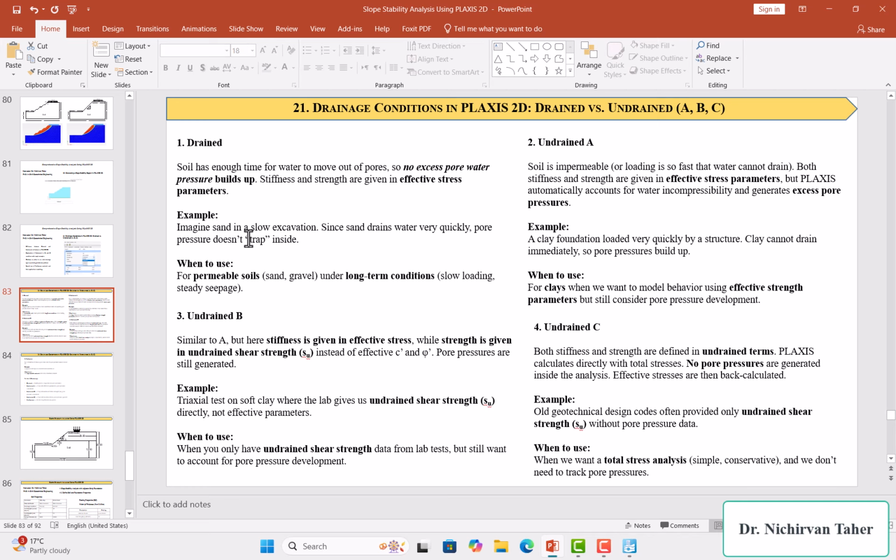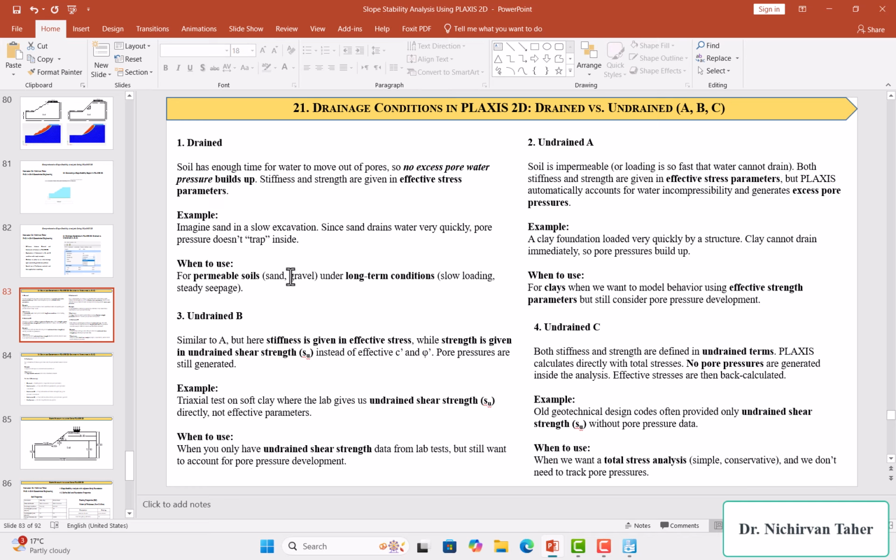If we take a simple example, imagine we have sand or gravel. Since sand or gravel have a lot of large pores, they can drain water very quickly, and pore pressure doesn't get trapped inside these types of material.